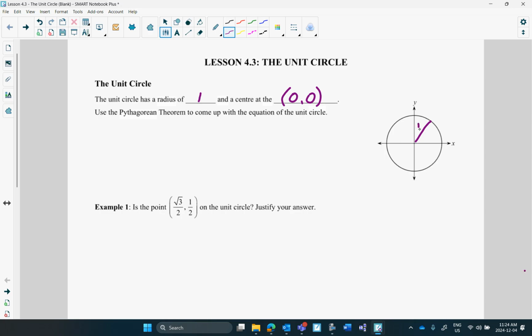I know this is 1 unit because I'm told it has a radius of 1. To finish the right triangle, I draw a vertical segment, which represents the length of y, whatever this point x comma y is. And this completes the right triangle, and this length will be whatever the value of x is.